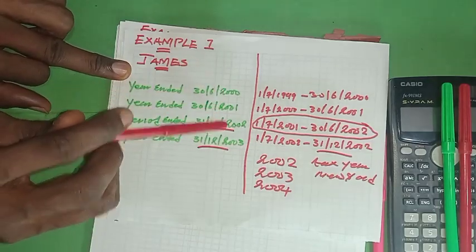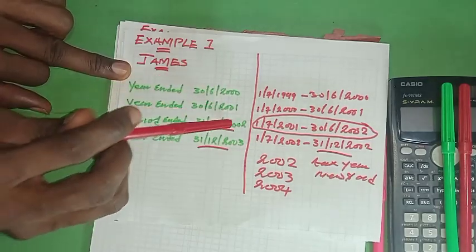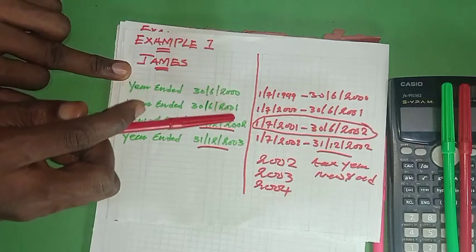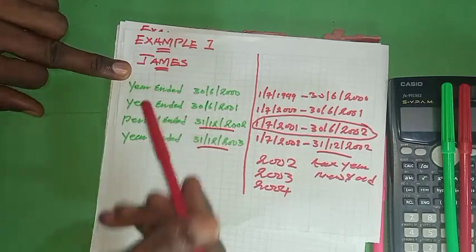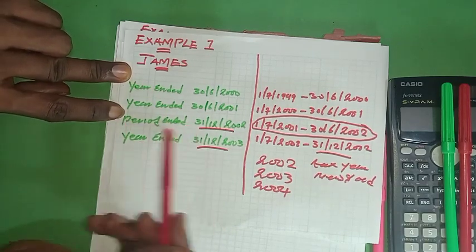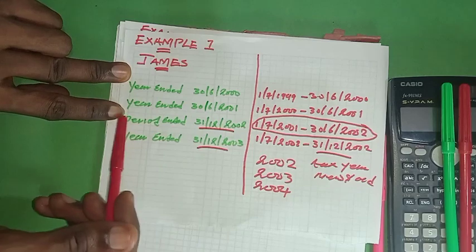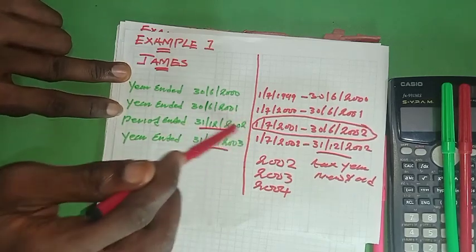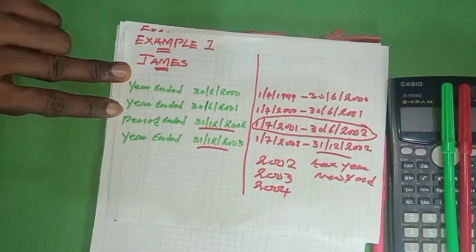Whenever a date is arranged serially like this, just look here and pick the period end. That period end, the year here is the year of change. That is another way to know this.